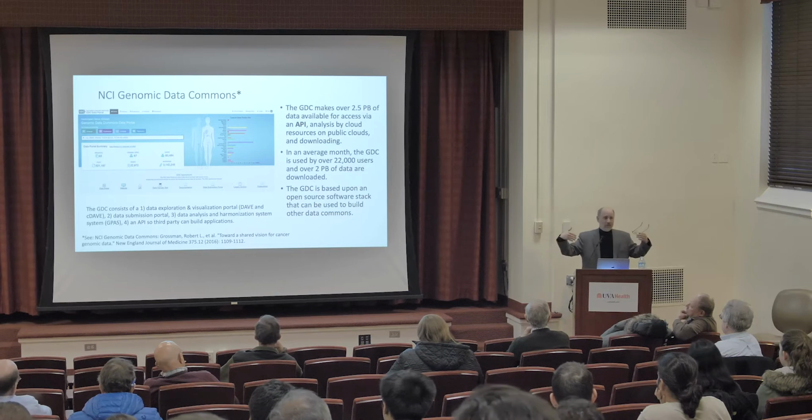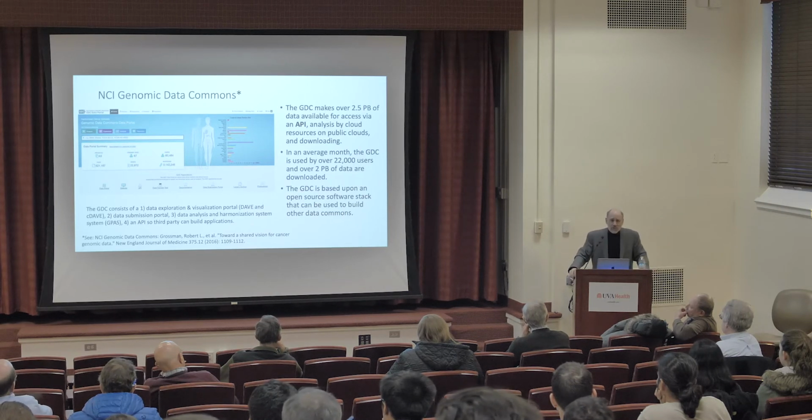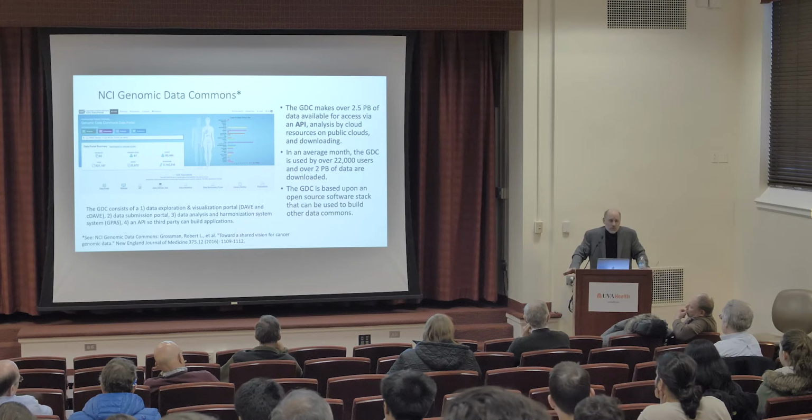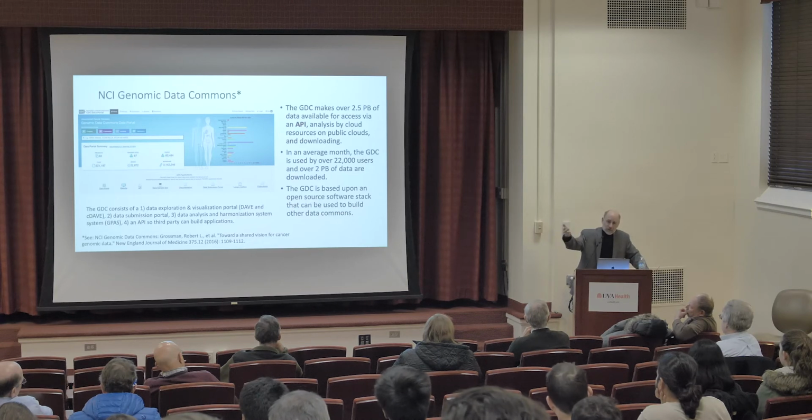So in one sense, we've brought this data together. We've harmonized it. We've run over 20 to 30 individual pipelines on it at scale. We've curated it, but we put this all over an open API. So we've put data portals, real-time analysis systems to look at genomic and phenotype data.